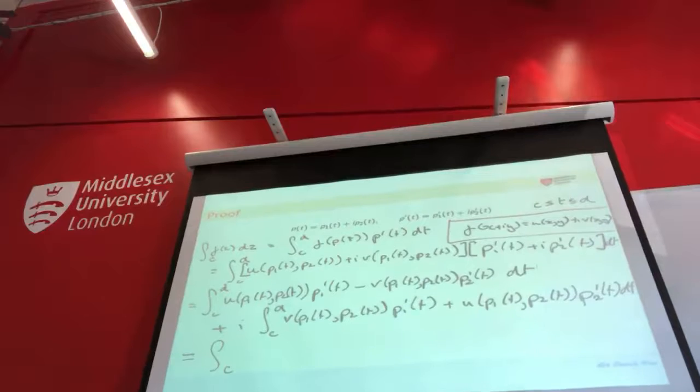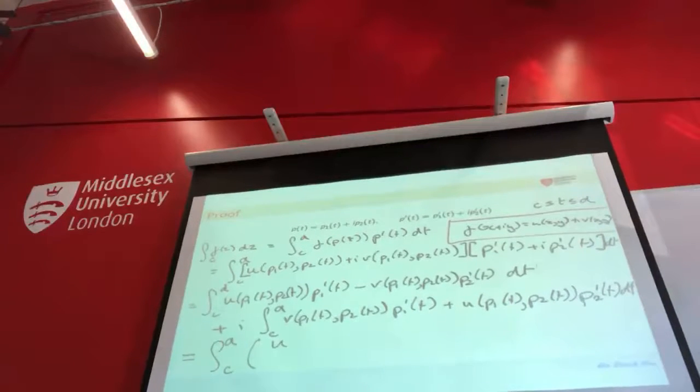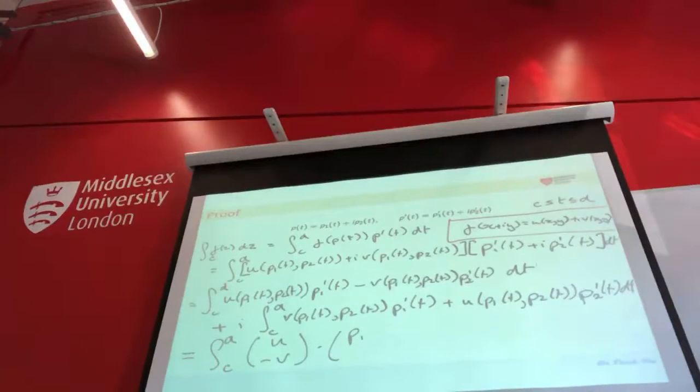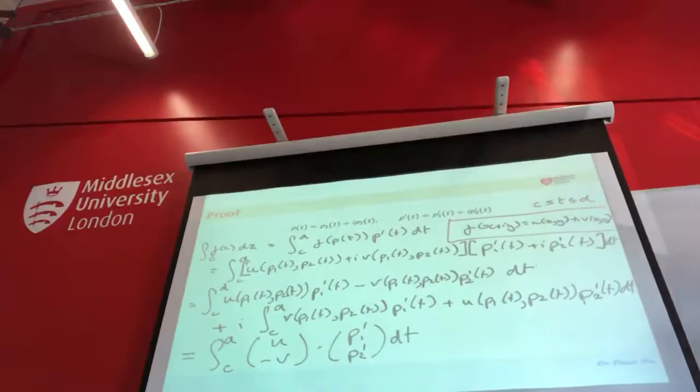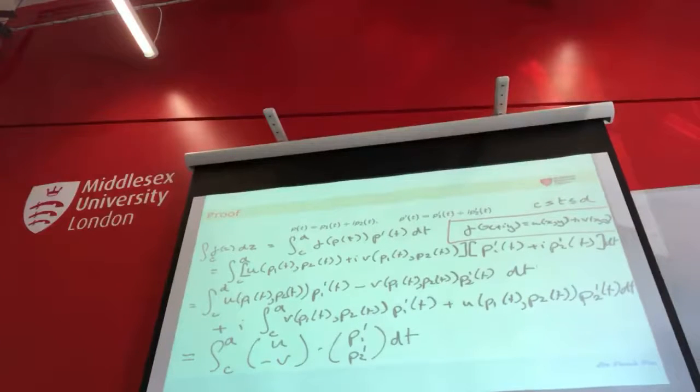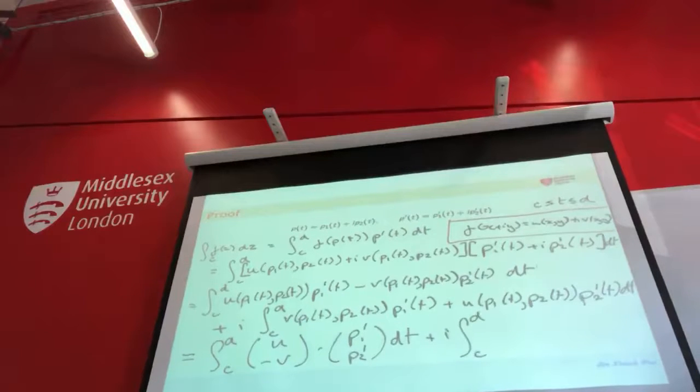So this is the integral from c to d of, and I'm going to get rid of these t's for the moment, but take u to be u of p1, p2, just because otherwise I'm going to run out of space.